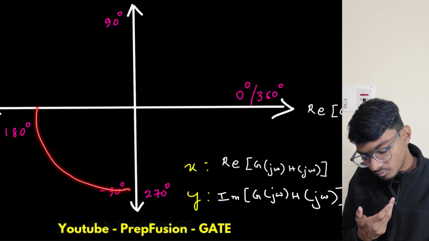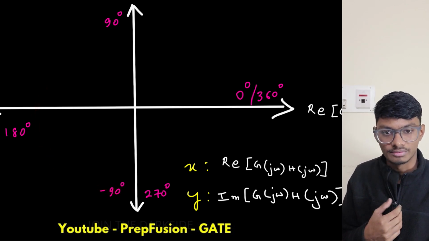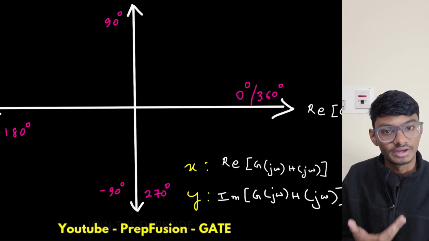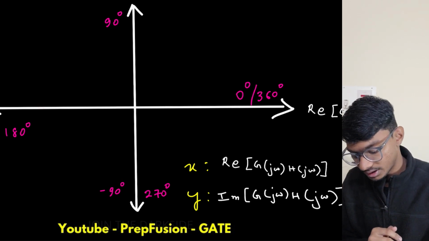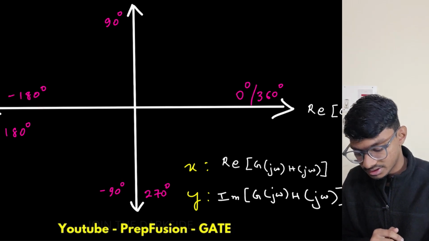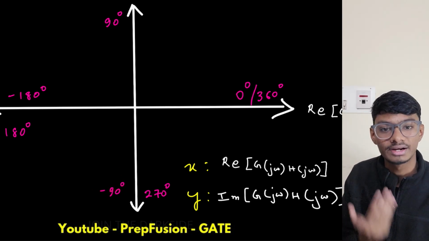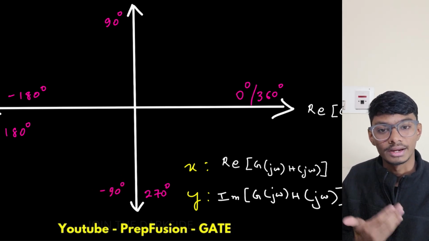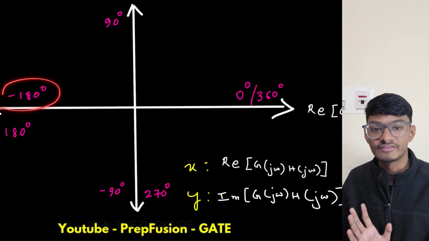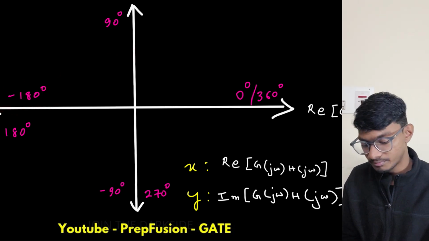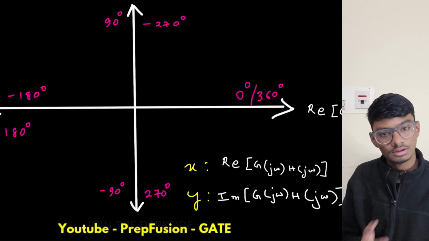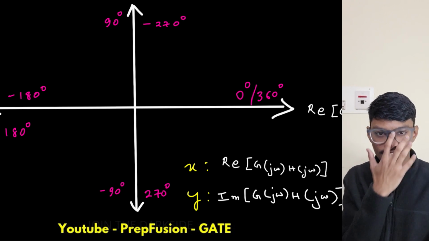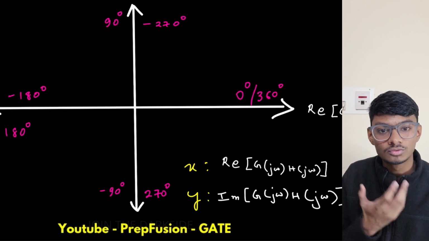Again, if I move another quarter, how much did I move? Again minus 90 degrees. So this will be minus 180, because minus 90 I already moved, and again another minus 90. If I move another 90, it will be minus 270. I'm trying to explain both the positive and negative angles, because generally you get confused with the negative angles.